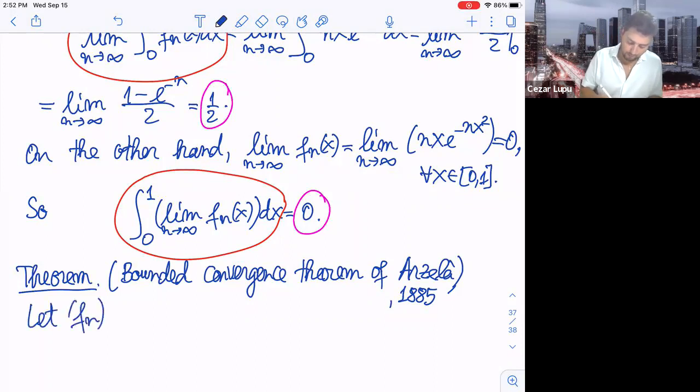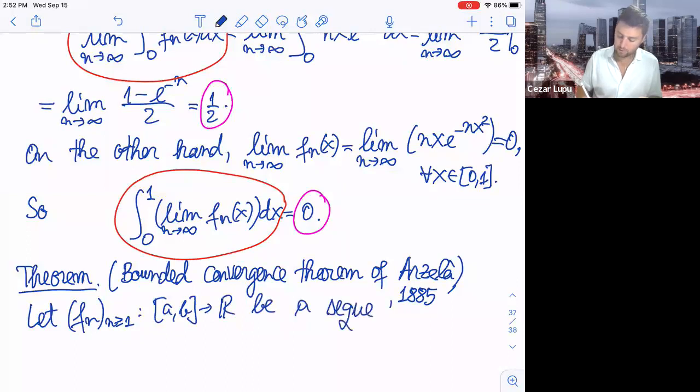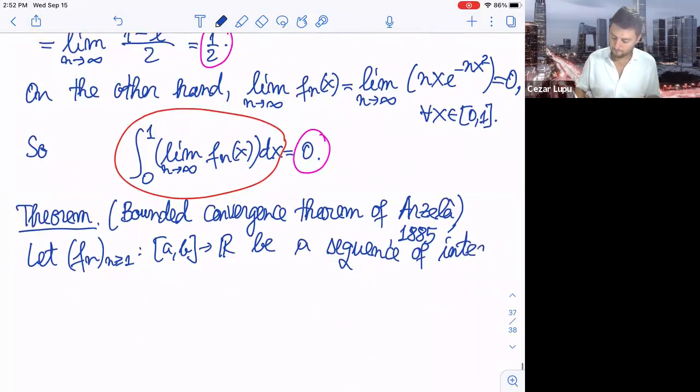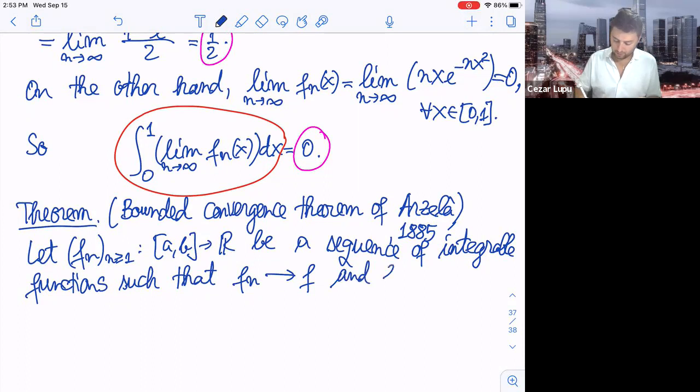Let Fn be a sequence of integrable functions, all right, and now such that Fn converges pointwise to F, and F is also, let's say, Riemann integrable.